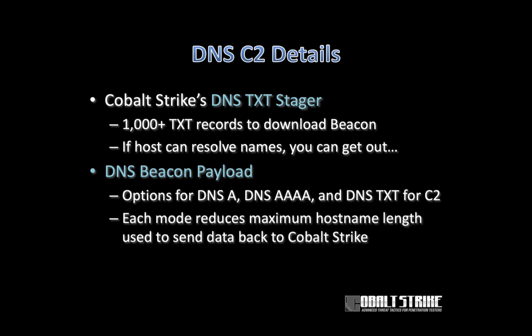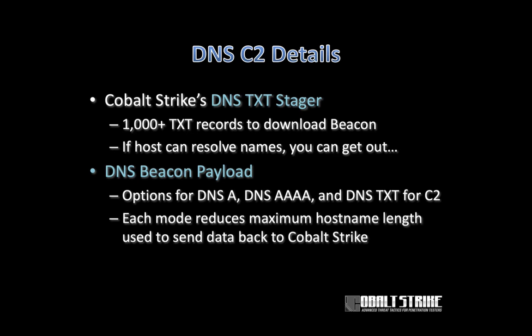And as for the DNS Beacon payload, there are options for DNS A, AAAA, and TXT records for C2. We talked about that in part 2 already. And I just want to remind you that each mode reduces the maximum hostname length.